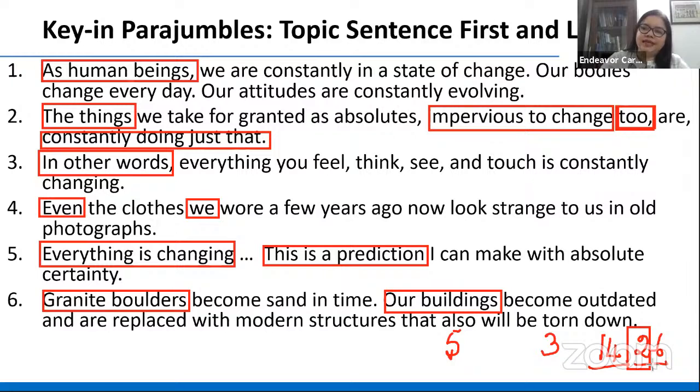Because when our sentences contain words like also, too, even, they're always placed second. They are to be taken as pieces of information which add to the original information. So, what's my sequence? It should be 5, 1, 4 first, the example of human beings, 2, 6 next because of the word too, and finally comes 3. This is my sequence. Correct? So 5, 1, 4, 2, 6, 3 is my correct sequence here.